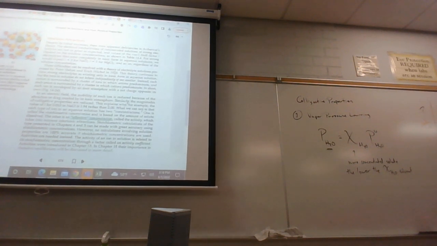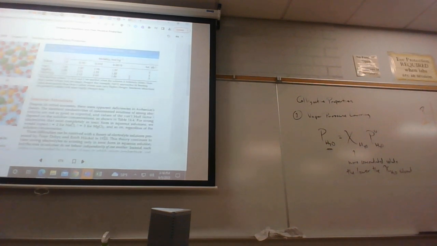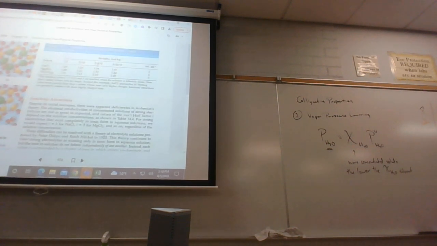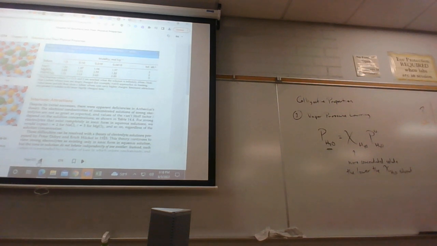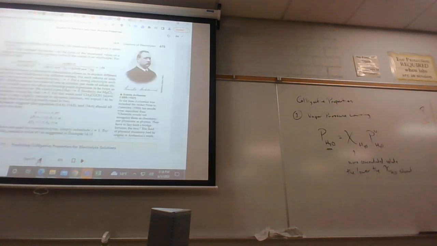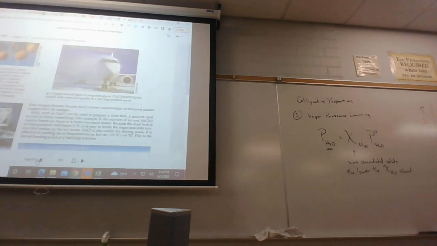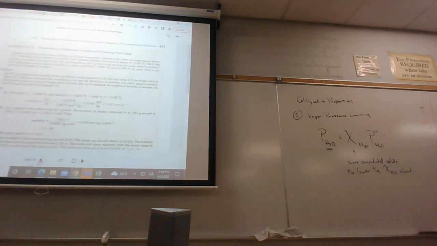They're also beyond the scope of Chem 1B. So we just look at a chart like this and see we're going to be in error a little bit in our calculations. But the concentrations we should be using in these calculations are the effective concentrations. Now let's look at osmosis.